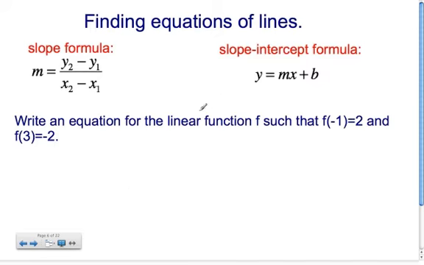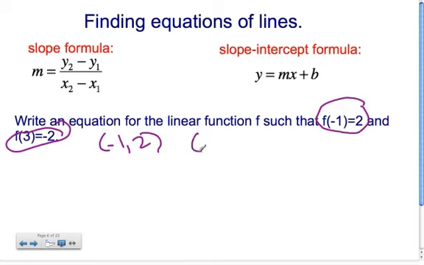When they're giving us these in function notation, they are just giving us points. All this is saying is that I have the point (-1, 2) and the point (3, -2).